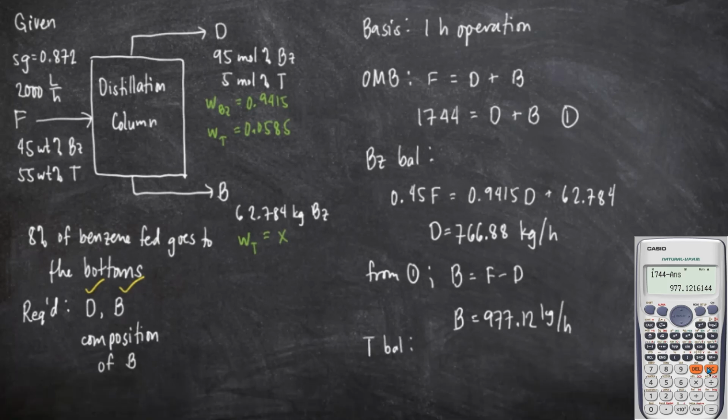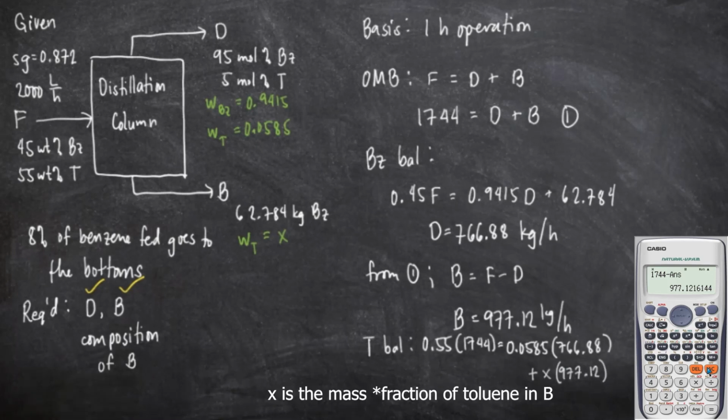The toluene balance is 0.55 times the feed, 1744, is equal to 0.0585 of the distillate, 766.88, plus the toluene in our bottoms. That is X times bottoms, 977.12. Remember that X is the mass fraction of toluene in the bottom stream.